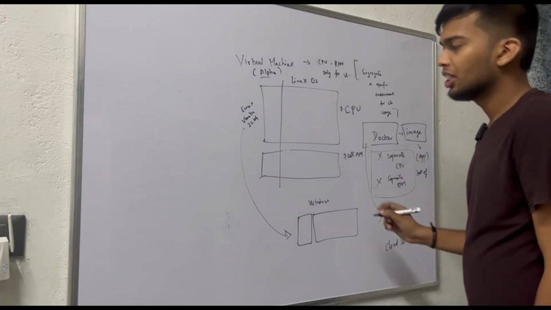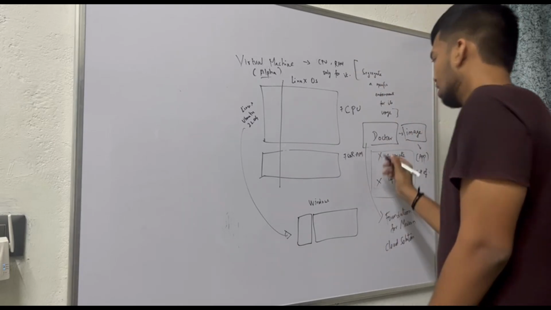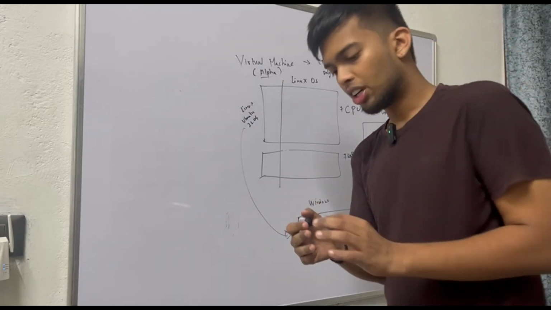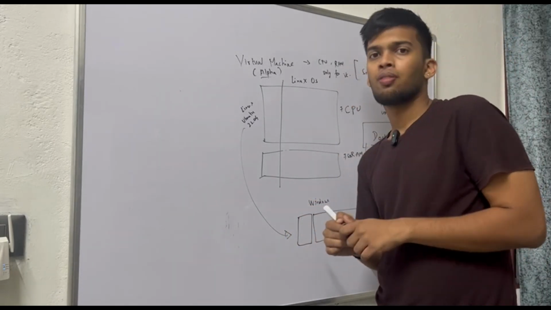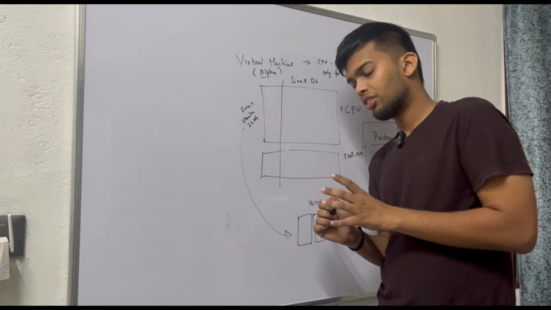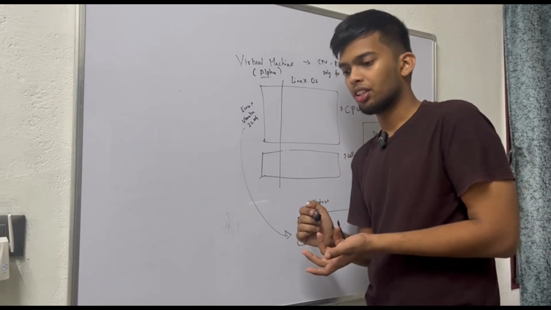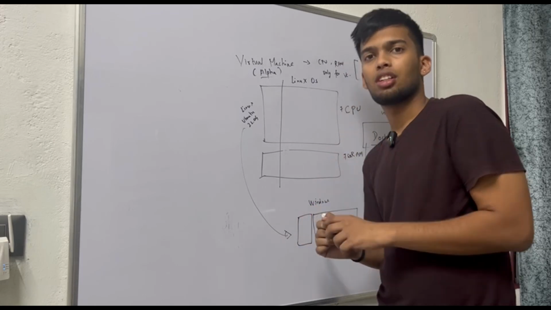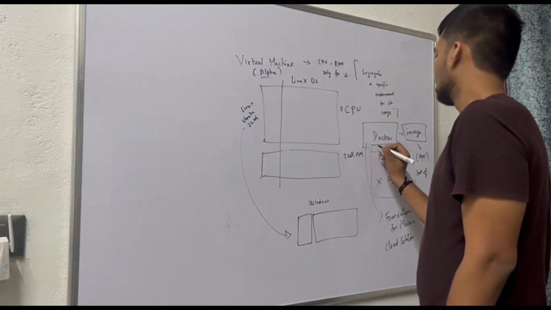So Docker is basically a container registry. Docker is a technical term. Docker is an application, it's a product. But what kind of solution is it providing? It's providing a container registry.